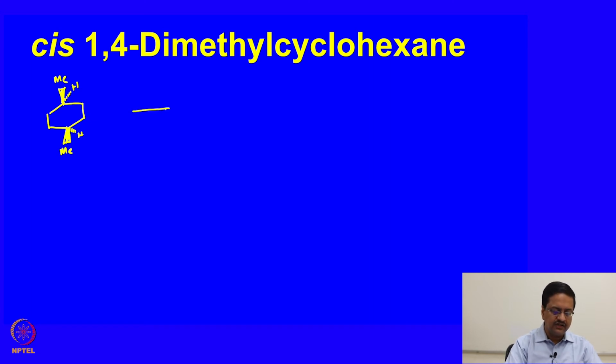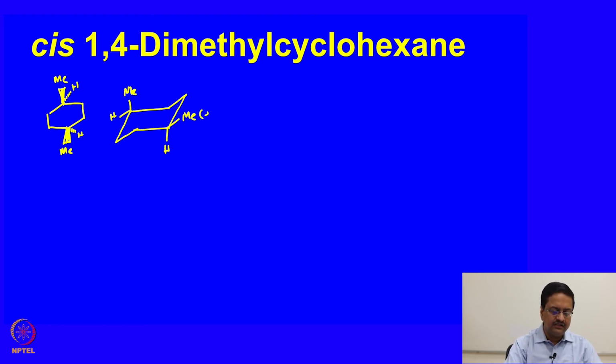So if we draw the corresponding molecule here in the chair conformation, by making this methyl up and the hydrogen down, and on the fourth carbon making the methyl up and the hydrogen down, this is cis 1,4-dimethyl cyclohexane.